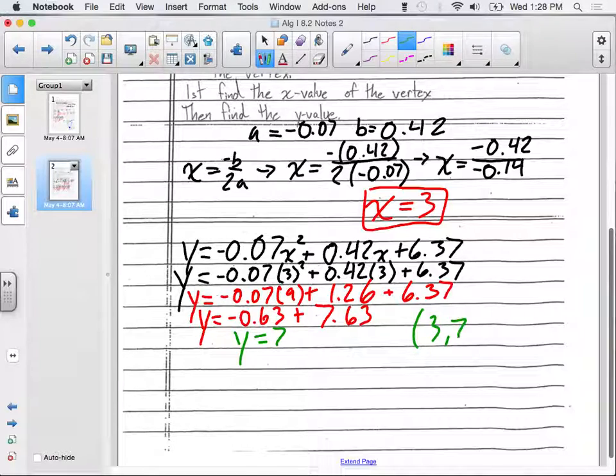3, 7. But is that what the question is asking us for? What is it asking for? The greatest height of the rise.